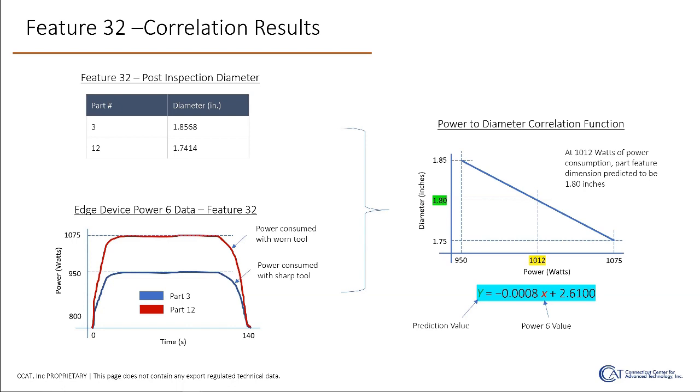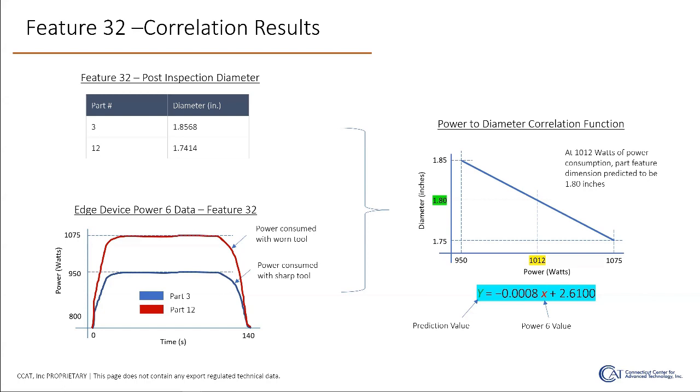And then part number 12, which had a resulting diameter of 1 and 741 thousandths of an inch. So quite almost 10,000 inch difference in the diameter. And at the bottom left, you're looking at a cleaned up plot of the power data coming off the spindle for part number 3 and part number 12.